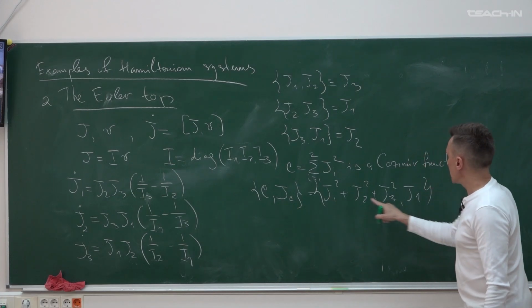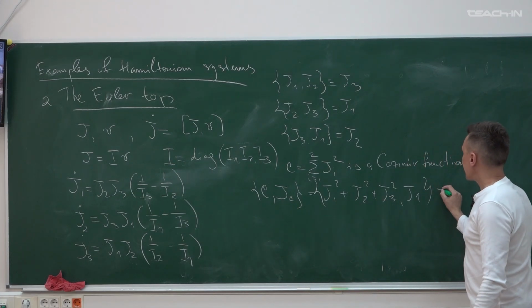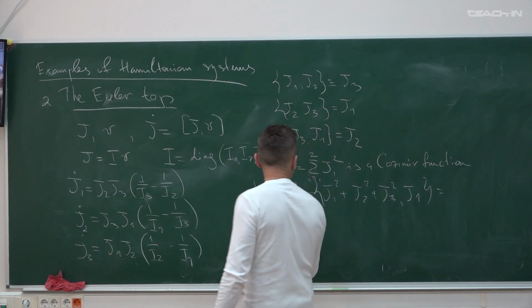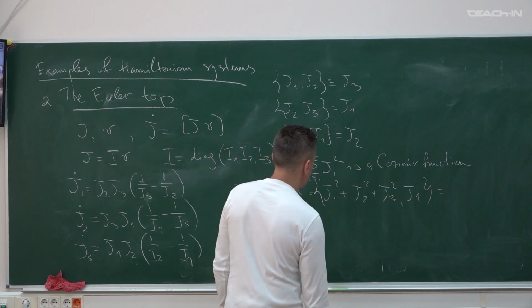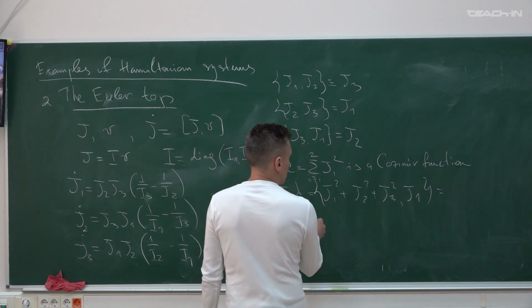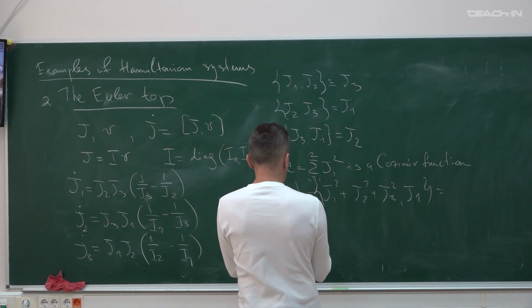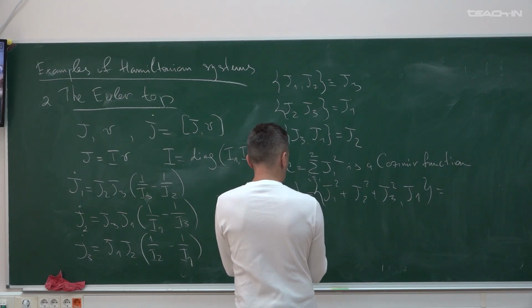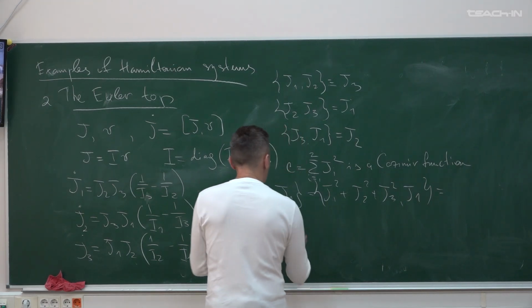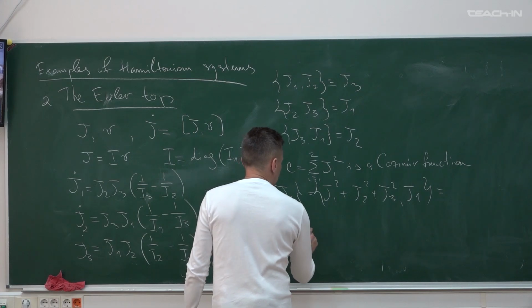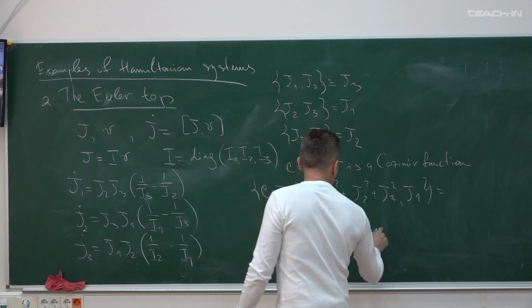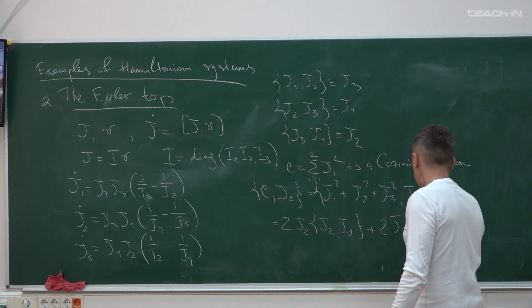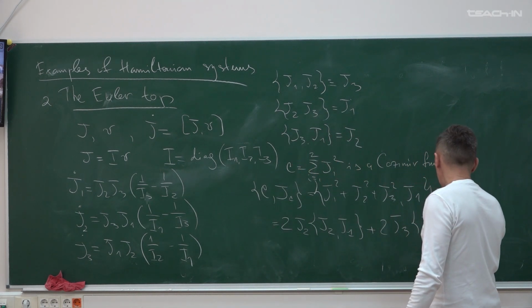This is trivial, so there are two terms here: 2 J2 J2, J1, plus 2 J3 J3, J1.